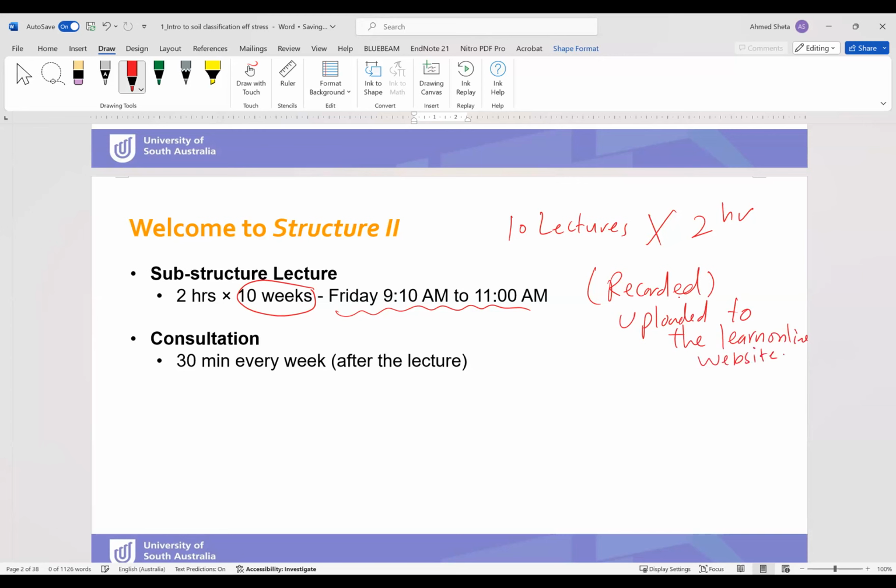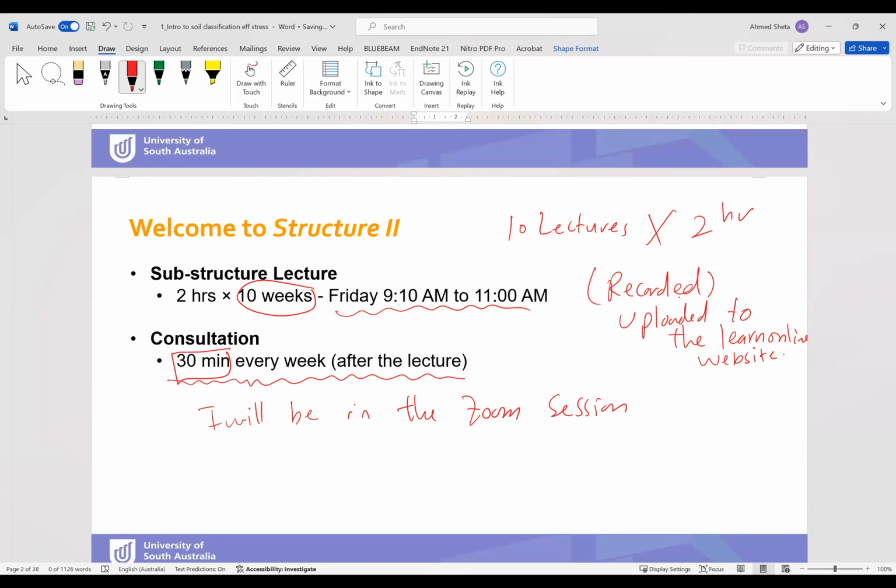There will also be 30 minutes of consultation every week after the lecture, so if you have questions, I will be in the Zoom session to respond to your queries. If you have any queries during the week, you can send me a message and, if needed, we can make an additional Zoom session to discuss.